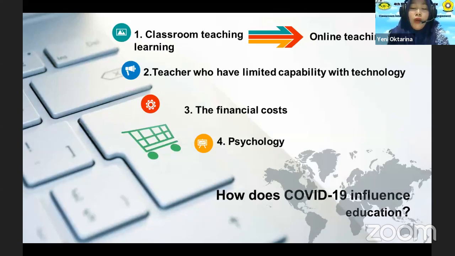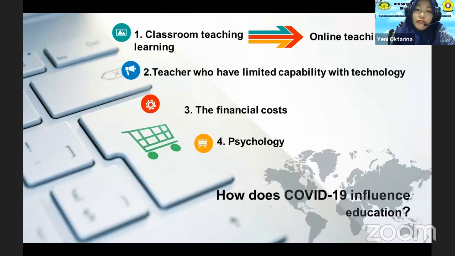Now, how does COVID-19 influence education? Number one, classroom learning should take place in online teaching and learning. And the second one, teachers have limited capability with the technology, because not all the teachers, not all the students, can use the technology tools.